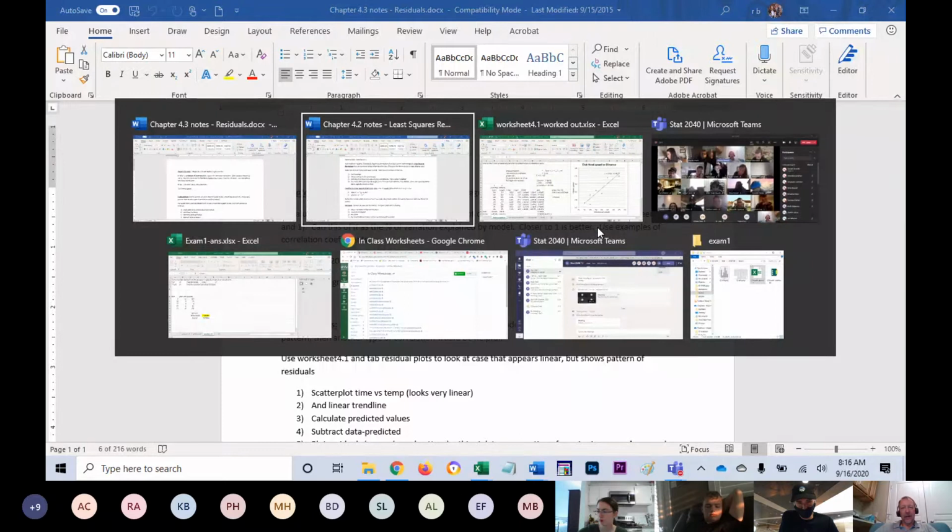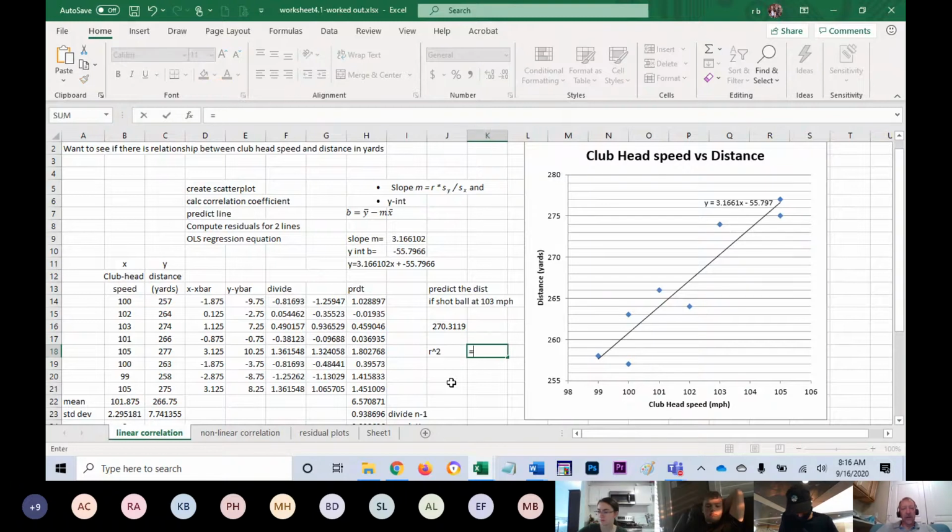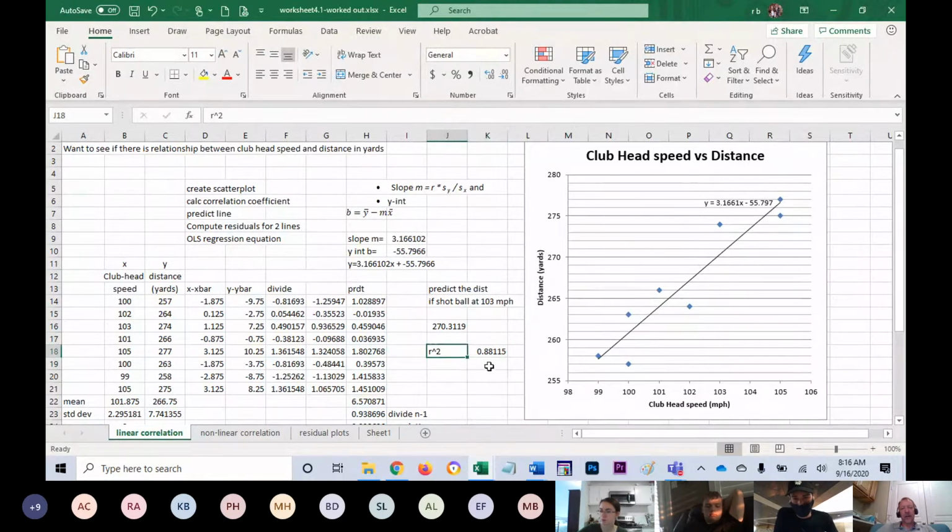If you take your correlation coefficient, which we found yesterday, and you square it, this tells you how good your model is. So 88% of the variation explained by this model is simply based on how fast you hit the ball, which means that about 12% is unexplained.